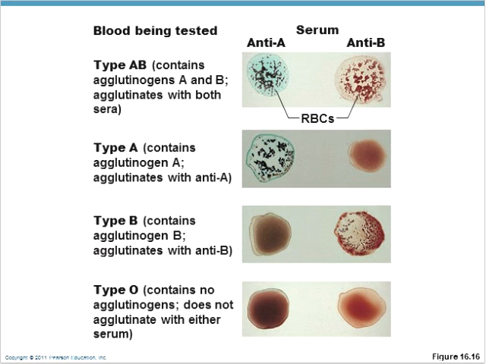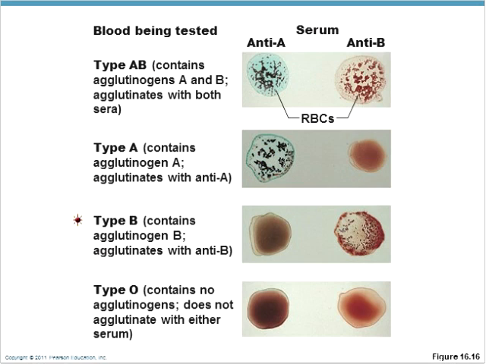So let's look at that. We have type AB blood. Remember that it contains the antigens, agglutinogens if you will, A and B. And so it agglutinates when we add anti-A antibodies and anti-B antibodies to it. So we know that that's AB blood. Type A blood contains the agglutinogen A, or antigen A, another way to say that. When we put anti-A to it, it agglutinates.